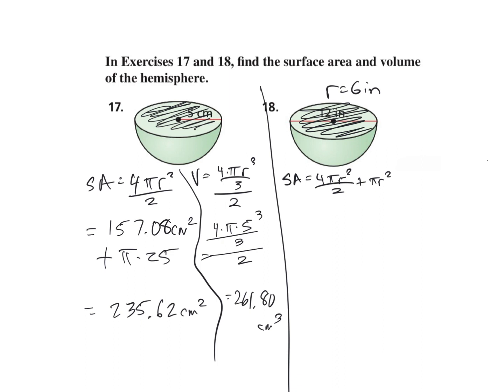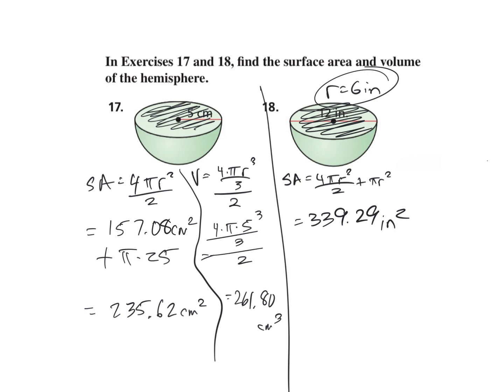And then we divide that by 2. All right, so 226.19. And then we add the radius squared, 36 times pi again. Close that group and add it together. You should get 339.29 square inches.